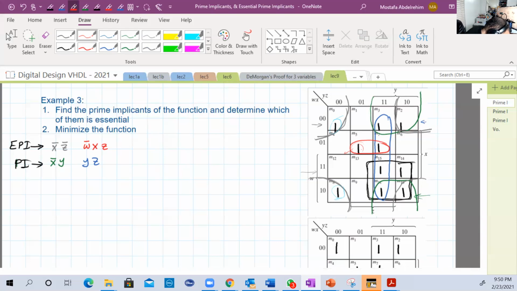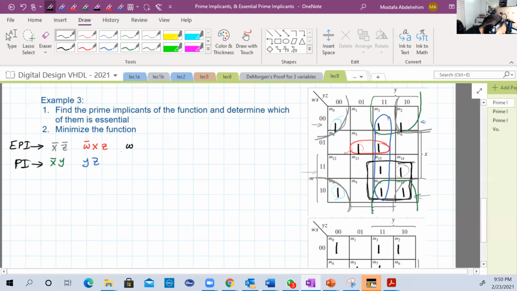Now the black is essential because this one here does not belong to any other group. What is the black group? W is not changing.